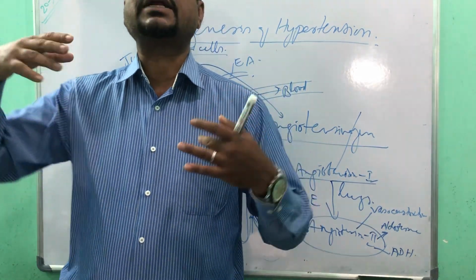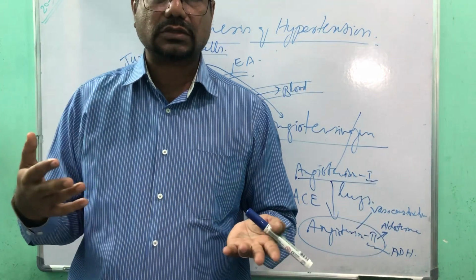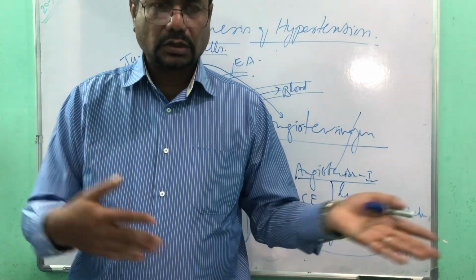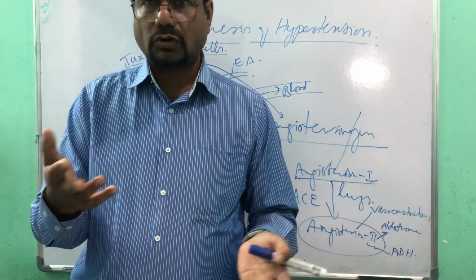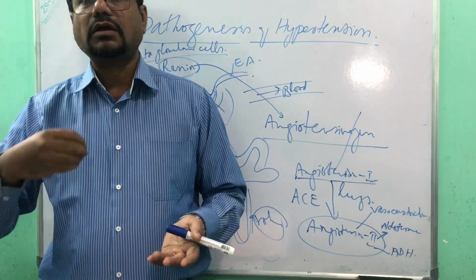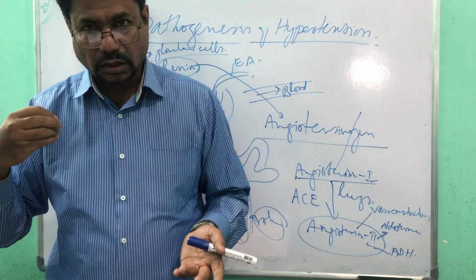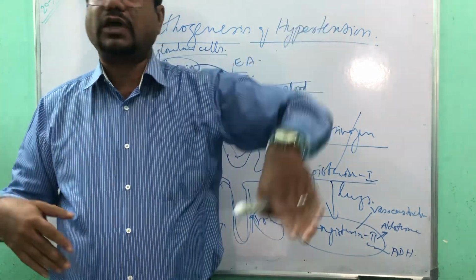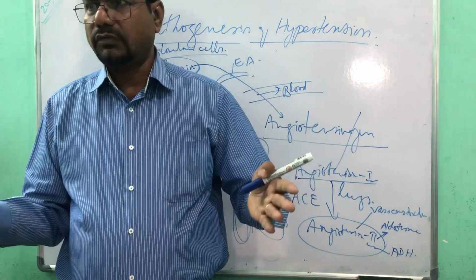Urine output increases. That is diuresis. So to decrease the blood pressure, we give diuretics, right? Thiazides, hydrochlorothiazide, furosemide, why do we give all these? To increase the urine output. As urine output increases, blood volume decreases, right? That is how we are doing it.